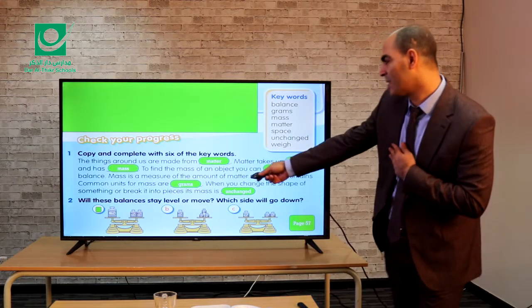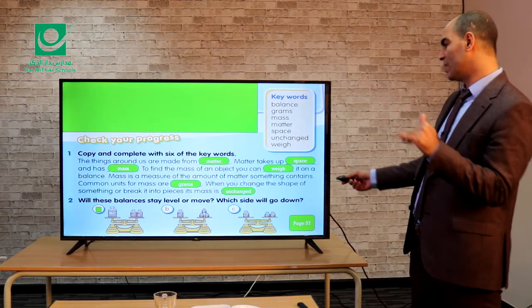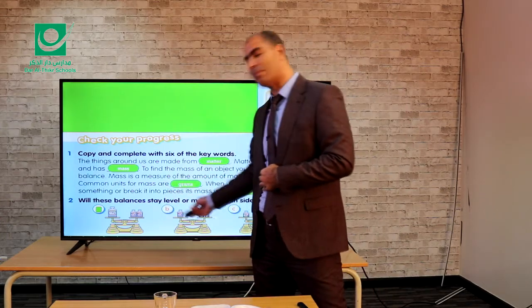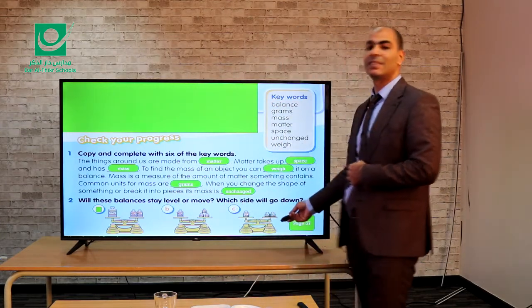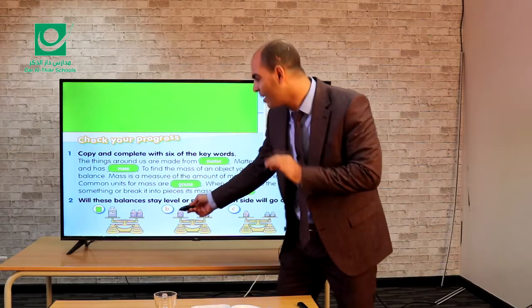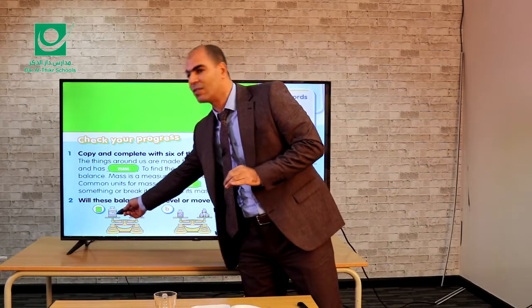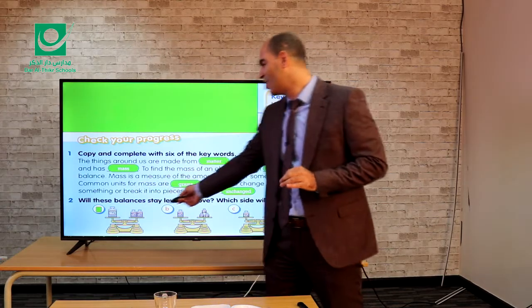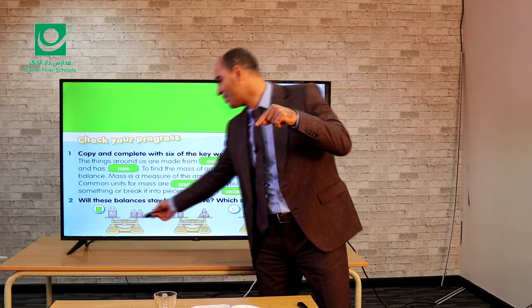Will these balances stay level or move? Which side will go down? This is a balance, balance A, balance B, and balance C. Okay, if you take a closer look at balance A, you will find on the right side 100 grams. On the other side 50 grams and another 50 grams.